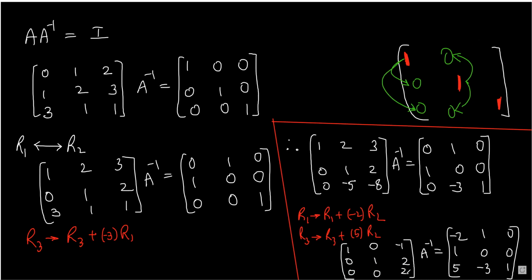So I will write here R3 changes to R3 into 1 by 2, or 1 by 2 into R3, one and the same thing, okay? 1 by 2 into R3.